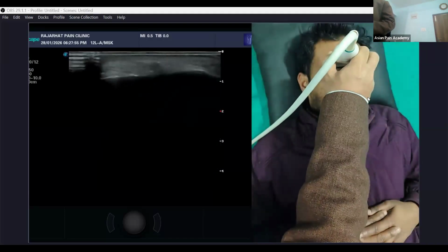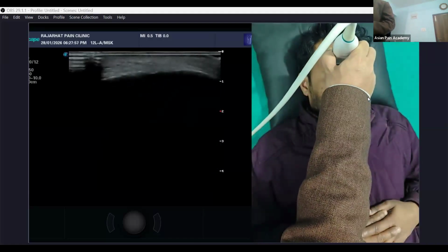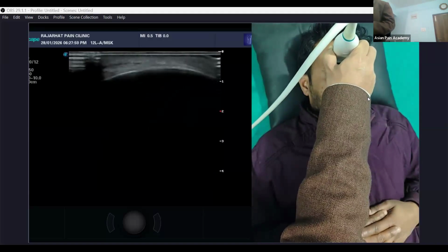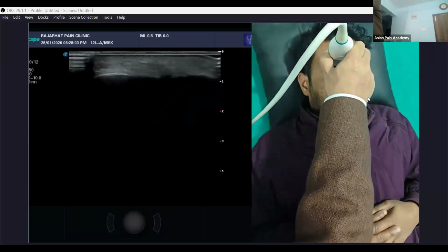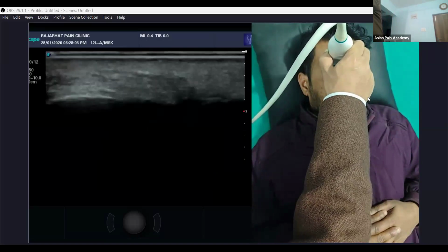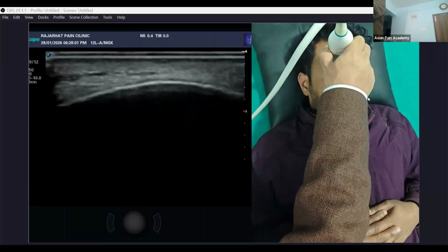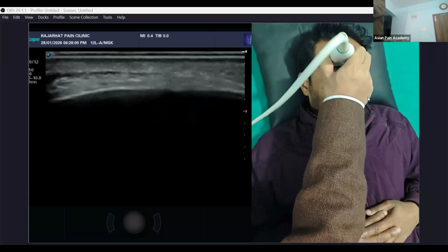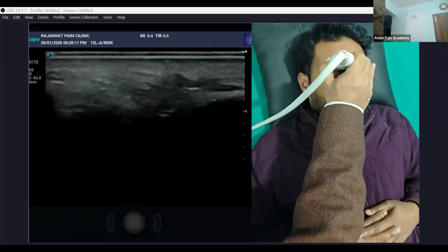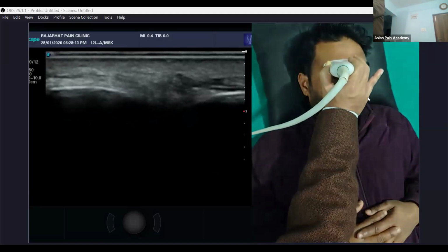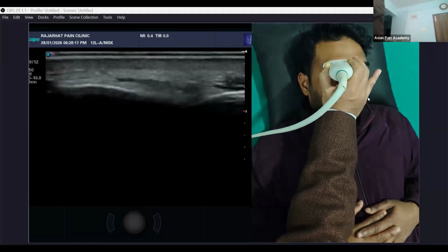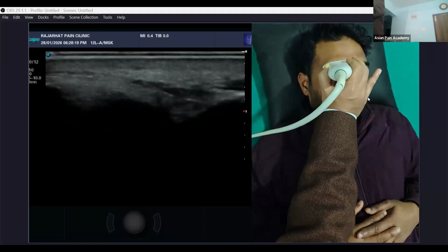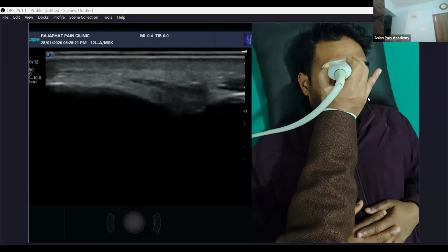At this point there is all bone. I decrease the depth a bit, and there is all bone. Now if I come down and see from below, I can see there is a gap. This is the gap which arises.